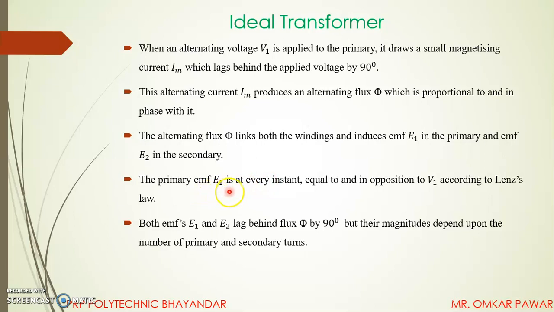The primary EMF E1 is at every instant equal to and in opposition to V1 according to Lenz's law. Both EMFs E1 and E2 lag behind the flux phi by 90 degrees, but their magnitude depends upon the number of primary and secondary turns.